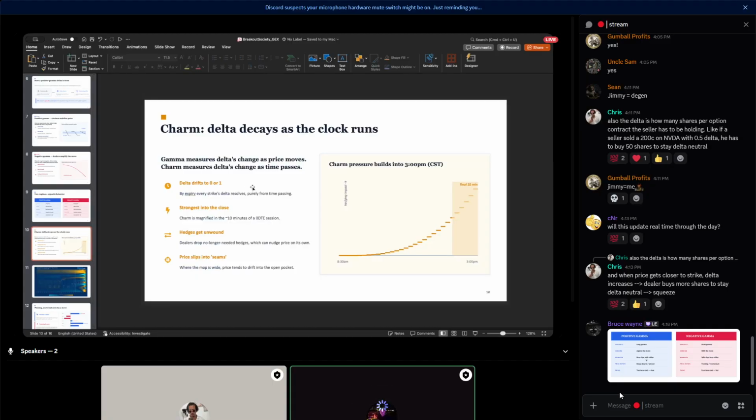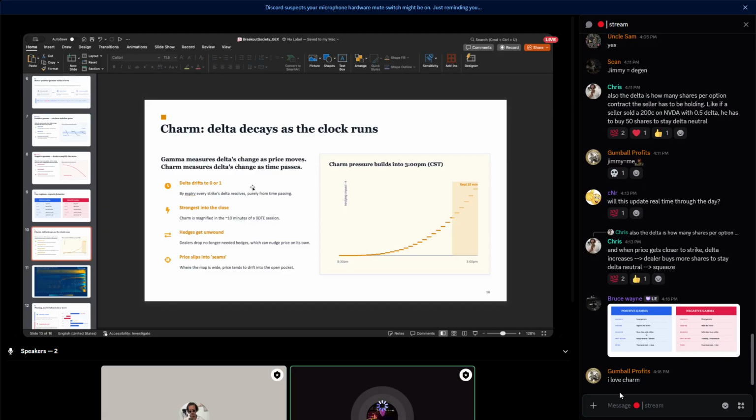So there's also this cool little thing, and I think Gumball might like this. It's charm. So how charm works is that we all know what theta is. So if you are trading something like a 0-day option where delta is very, very low at the end of the day, there's tons of contracts about to expire worthless.